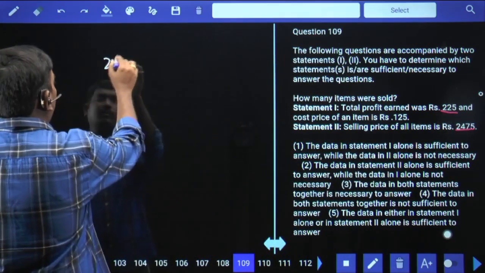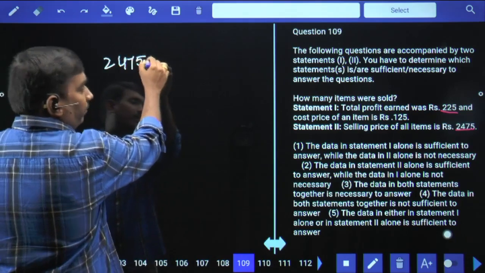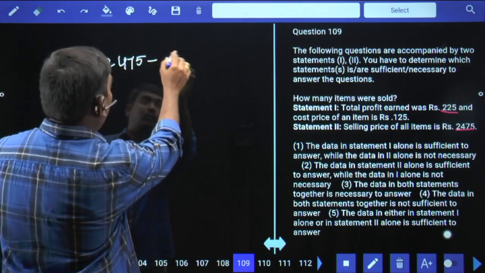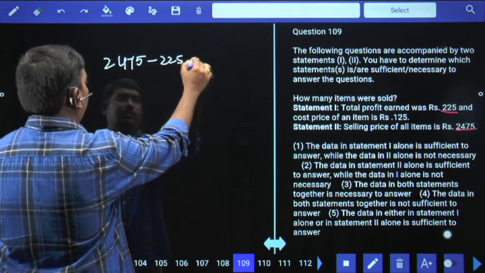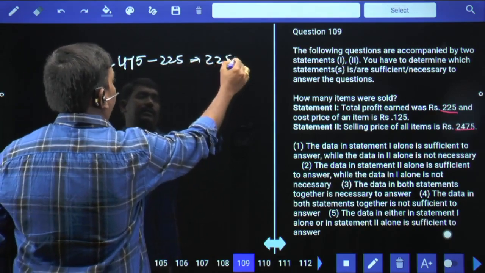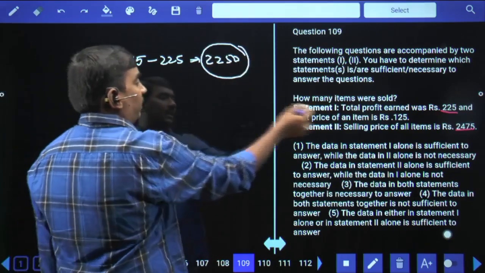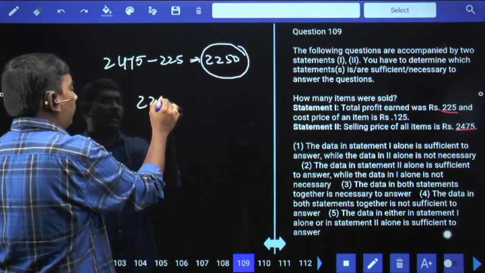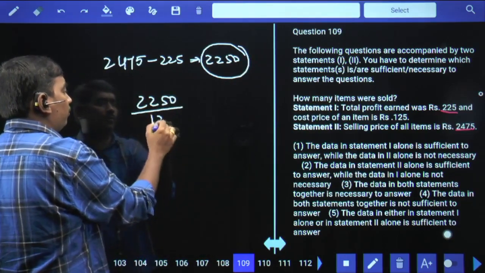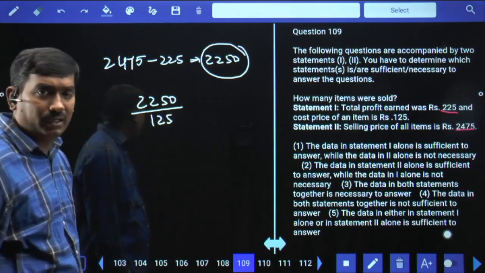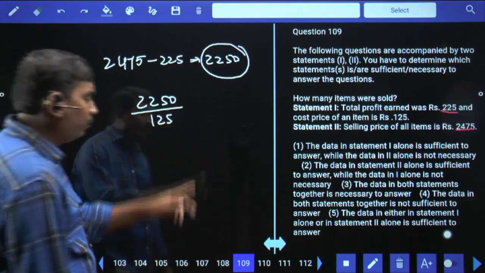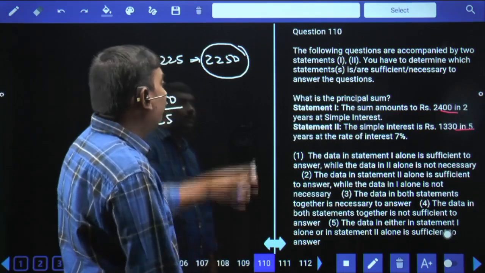Total selling price 2,475 minus total profit 225 is 2,250. This is the total cost price. The per item cost price is 125 rupees. Then how many items there are means 2,250 by 125. So both 1 and 2 together are required.